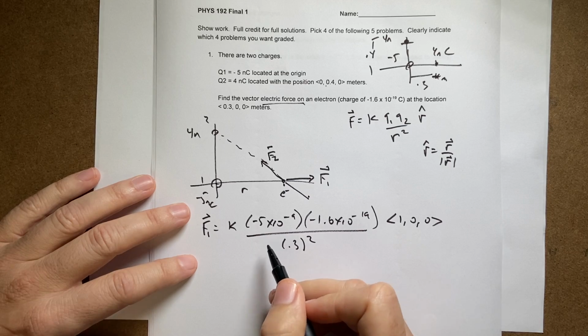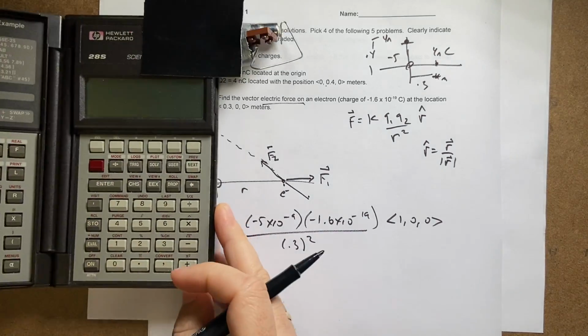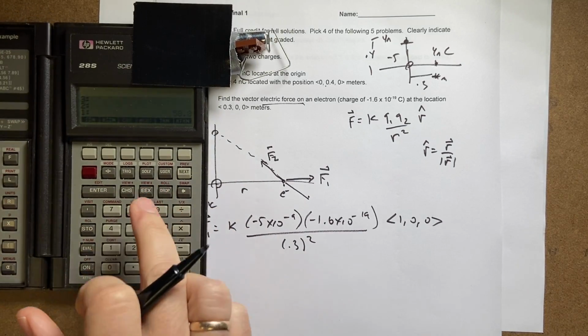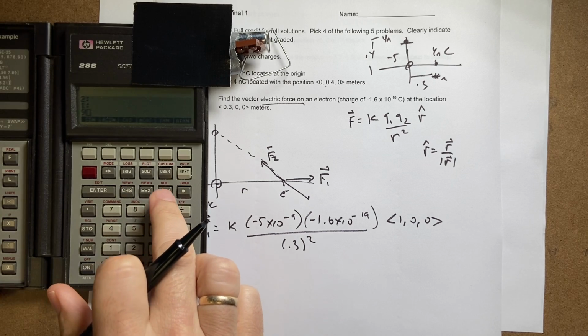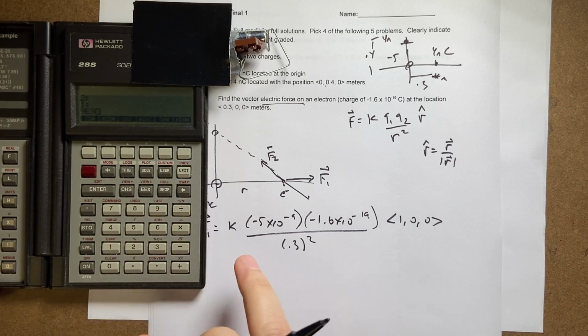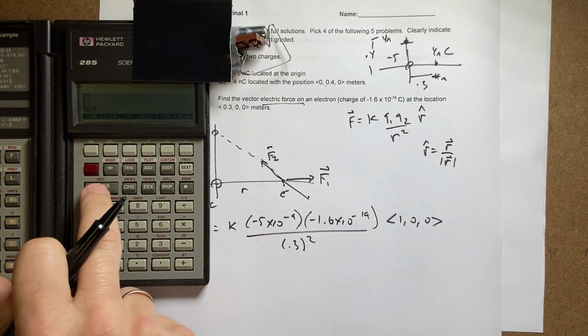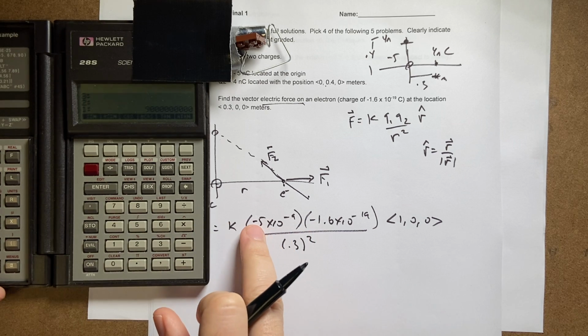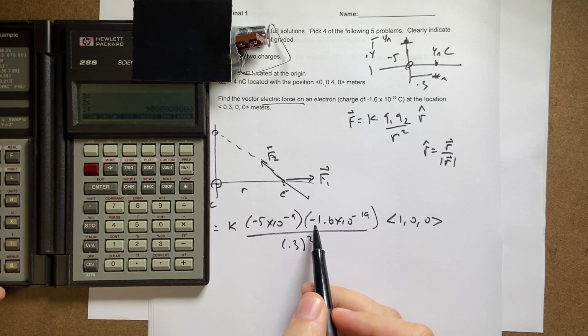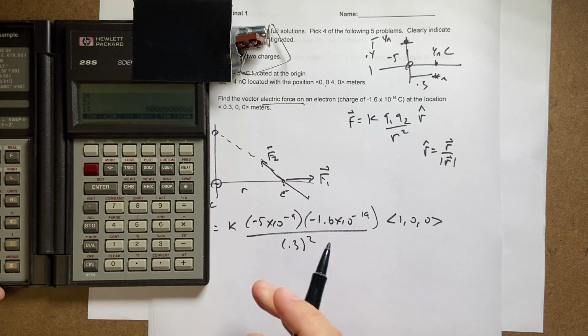Let's go ahead and get this as a vector so we can move on. K is 9 times 10 to the 9th. Be very careful with your scientific notation here. Now I have a negative and a negative, so I'm just going to make them both positive if that's okay with you.